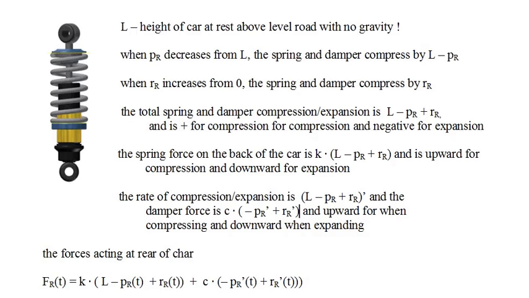So the damper force on the rear of the car at time t is C, the damping coefficient, times minus P sub r prime plus R sub r prime, and it's positive when the shock absorber is compressing and negative when it is expanding. So, combining these results, we have an expression for the force exerted by the spring damper assembly at the rear of the car, F sub r, which equals the expression shown.